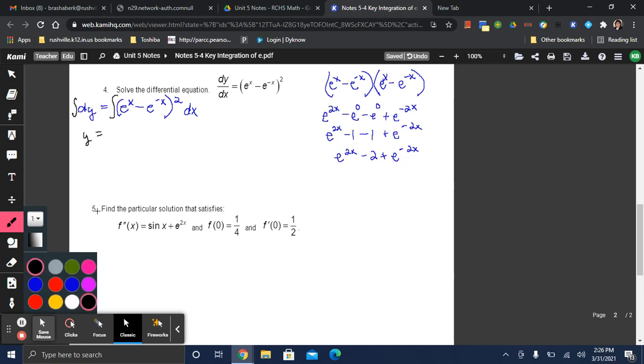So we will be integrating our answer that we got over there. So e to the 2x, and I'm actually going to go ahead and separate this.